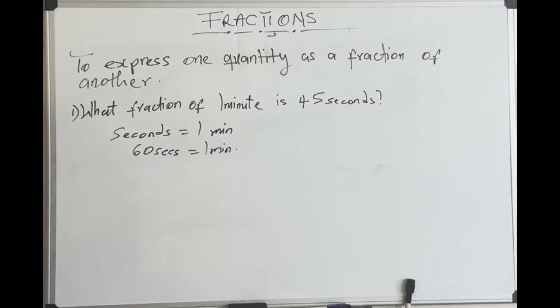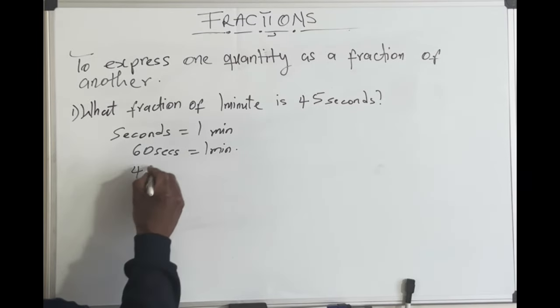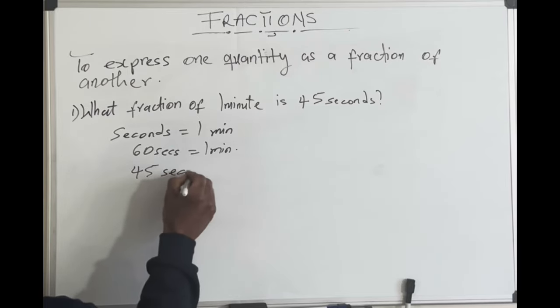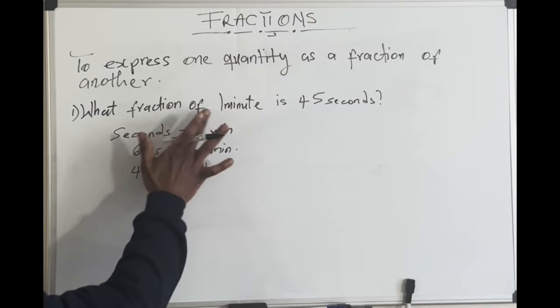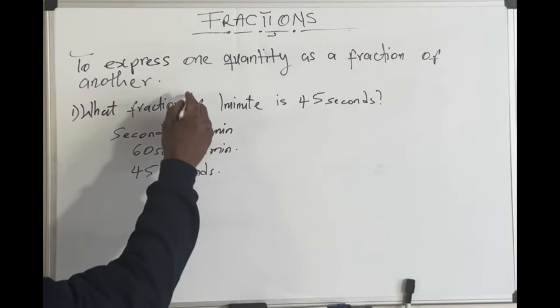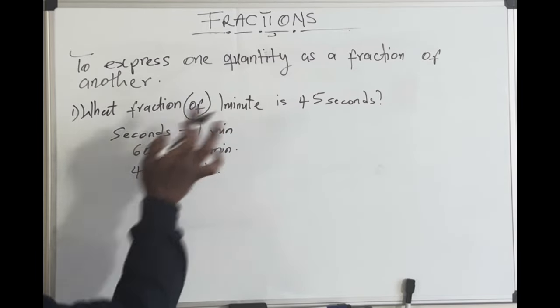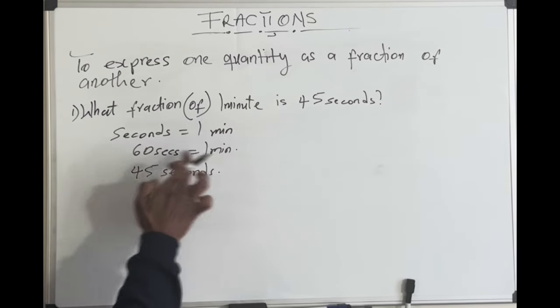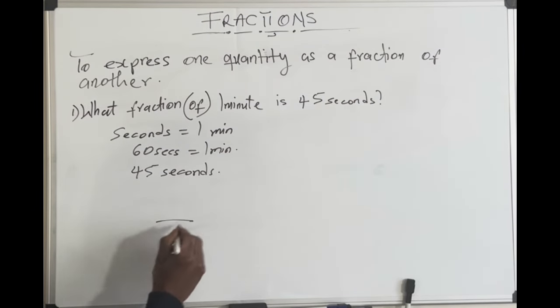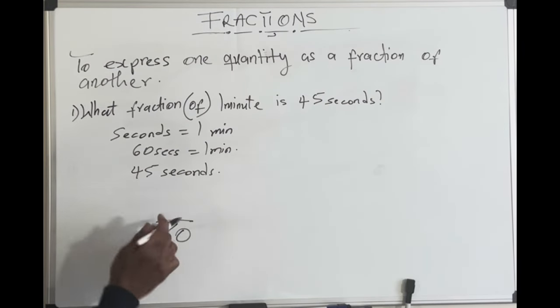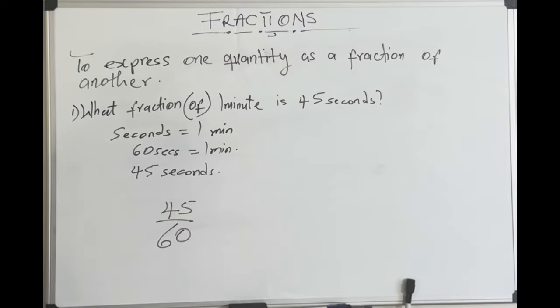We've gotten 60 seconds and then we have 45 seconds. We made mention that the number that comes right after "of" will be the denominator, and 1 minute is now 60 seconds. So the 60 will be the denominator, and 45 will be up there as the numerator.